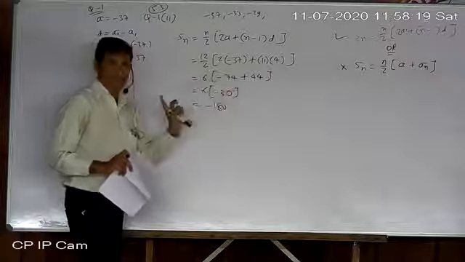So how many terms, we don't know here. So one problem will arise here: how to find n? Until and unless we have n, we cannot find Sn.